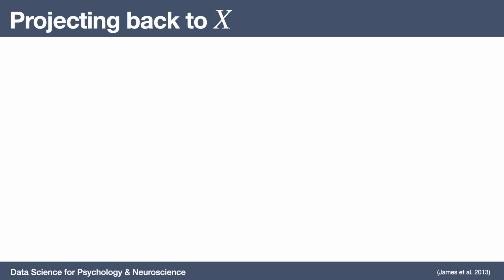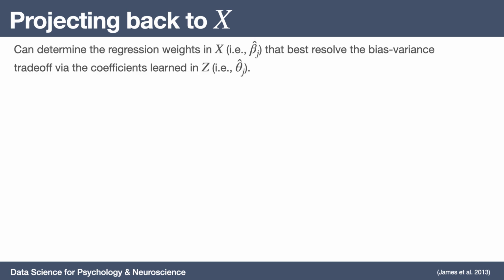Now the beauty of working with PCA approaches and PCR is that you have this easy ability to learn the model in principal component space, but project the model back into your data space. You can determine the regression weights in X that best resolve the bias variance trade-off via the coefficients that you learned in Z, the principal component space.